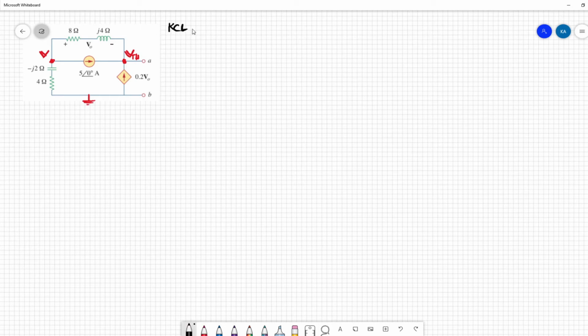So KCL at node V, we have V over 4 minus j2 plus V minus VTH over 8 plus j4 plus 5 angle 0 plus 2 angle 0.